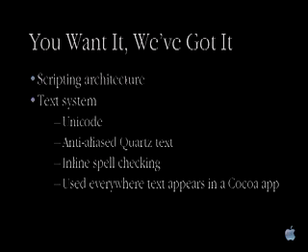There's a great text system. So the text system is fully Unicode-based. Excuse me while I pull out a cough drop. As Steve said, I woke up with a 101 fever this morning. So the text system is extremely powerful. It's fully Unicode-based. It uses Quartz to have this beautiful anti-aliased text. It has things like inline spell checking. It has advanced typographic features like kerning and ligatures.